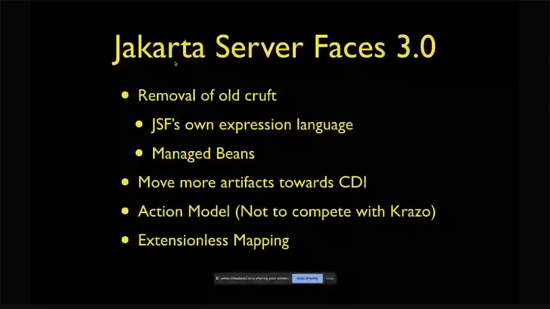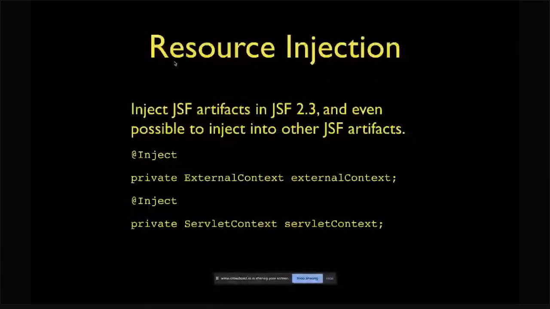That means we can now do injection into our beans with some of the JSF artifacts. There's an action model that's possibly going to be coming at some point, and extensionless mapping. As I had mentioned, we can inject some JSF artifacts using JSF 2.3, such as the external context and the servlet context. In the past, we used to have to use a couple of lines of code to gain access to these resources, but now we can just inject them with CDI.